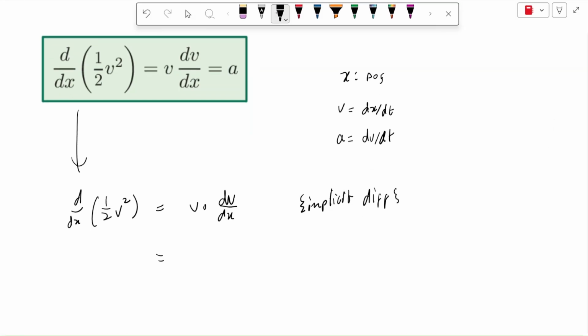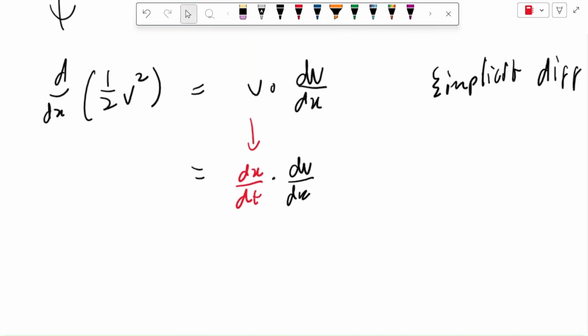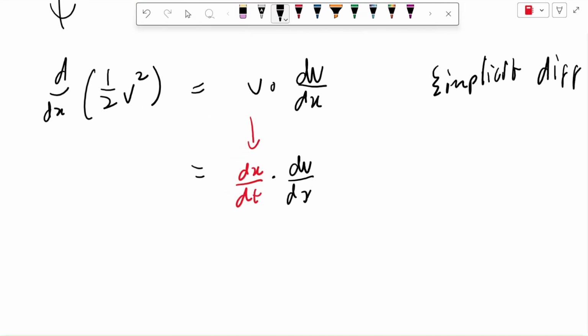And then v is dx dt. So what we're going to do is replace v with dx dt there, and this is still dv dx. Now, the way that derivatives work like this is, it doesn't exactly mean this, but you can sort of think of it like the dx's cancel. So what you're left with is dv dt, which is acceleration. So that's how you prove that identity there.